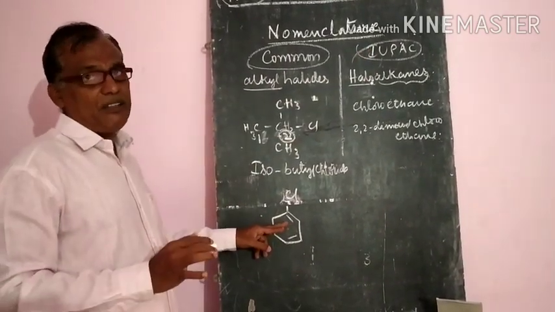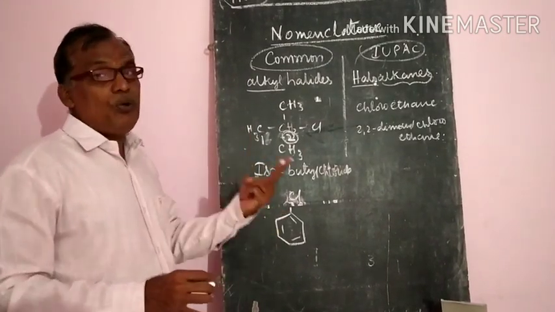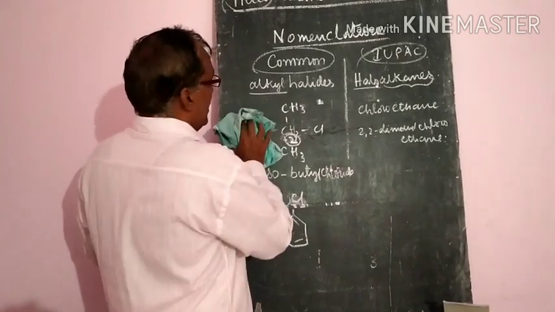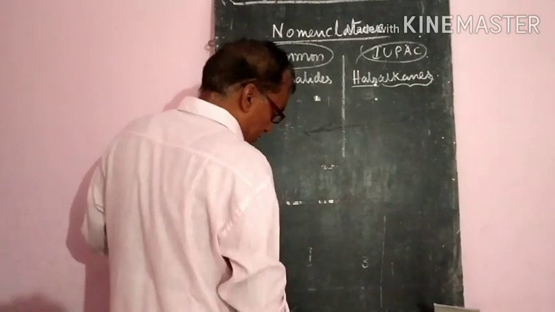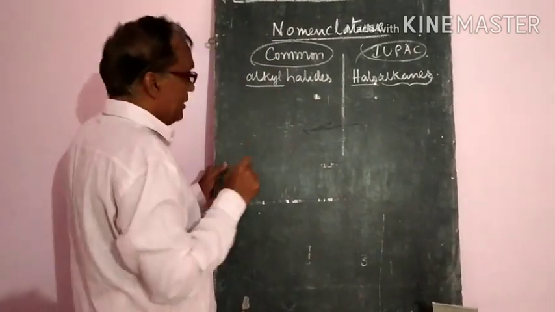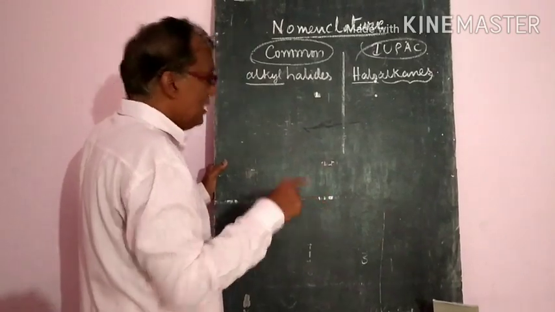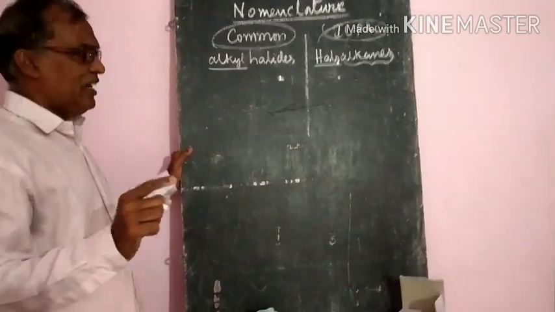But if they contain 2 halogen atoms, that is dihalogen compounds, that is more important. In dihalogens, the halogen atoms can be the same type or different. For different halogens, we write the different halogen names.